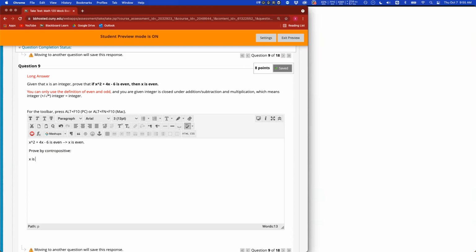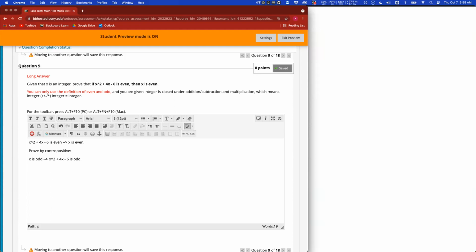That means x is odd. So you want to show if x is odd, then x squared plus 4x minus 6 is not even, which means also odd.